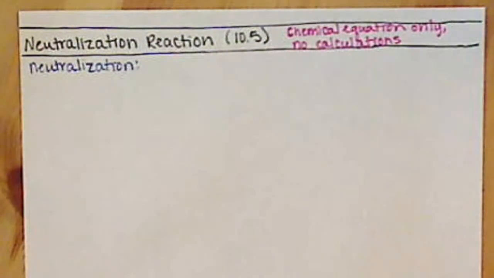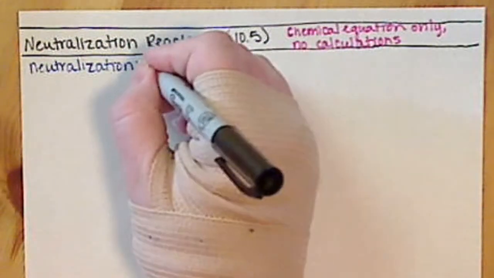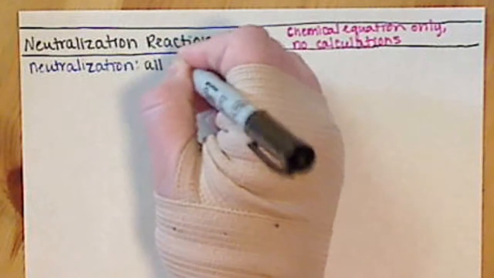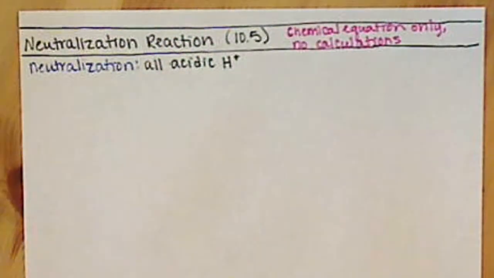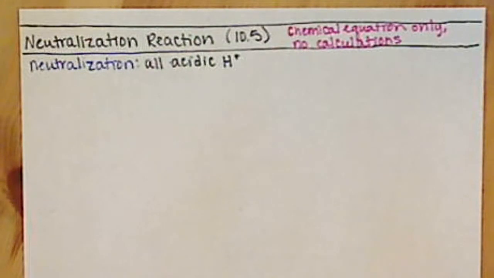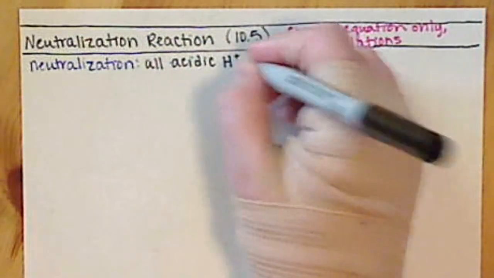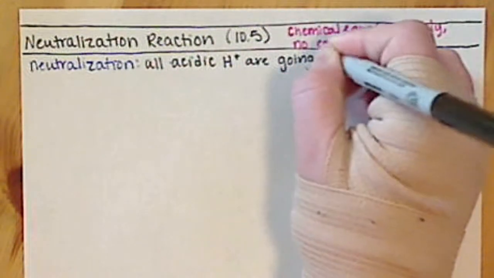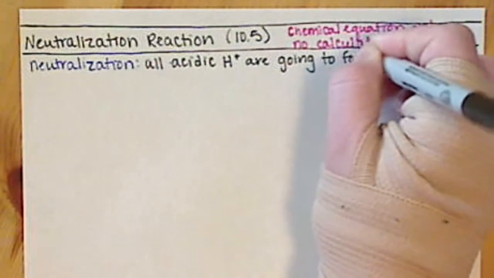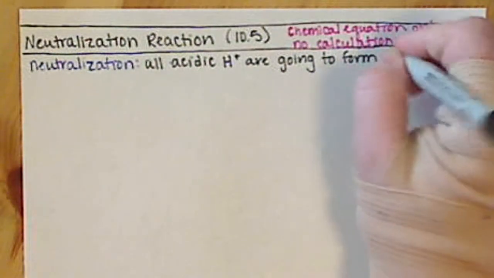What's going to happen is all of the acidic protons, so all of the hydrogens listed out in front of your formula, are going to contribute to water.